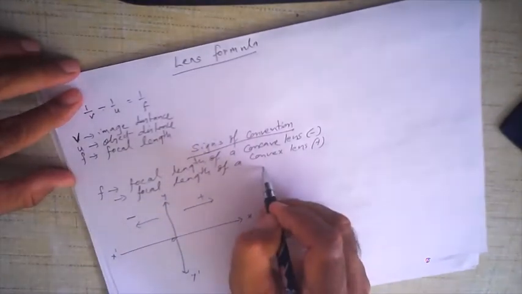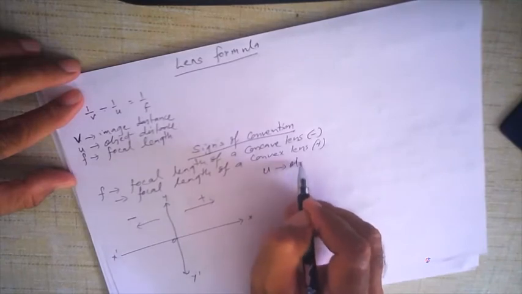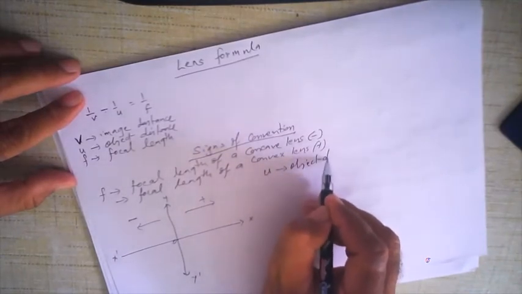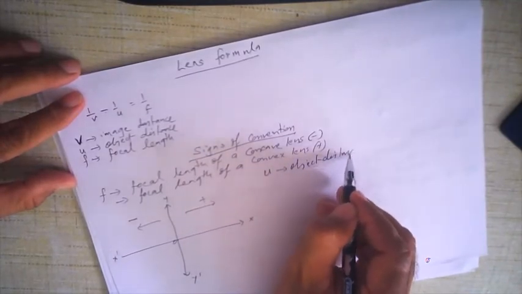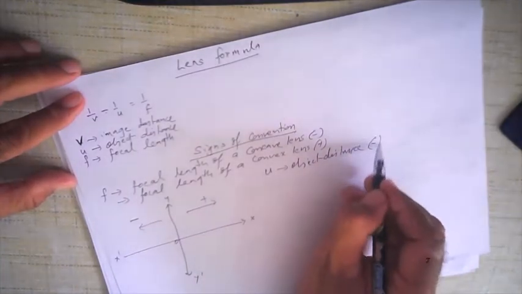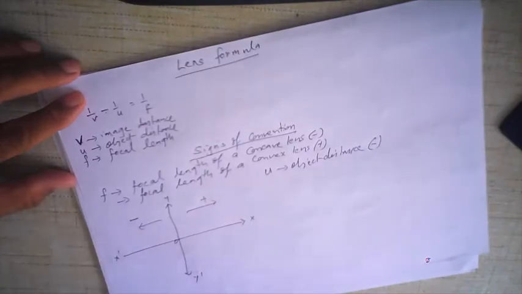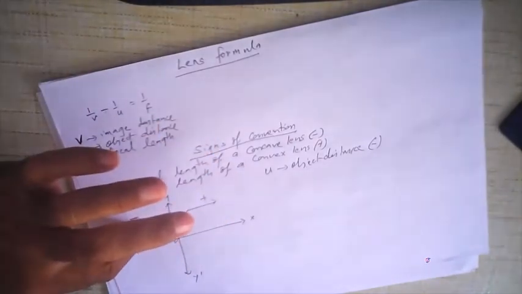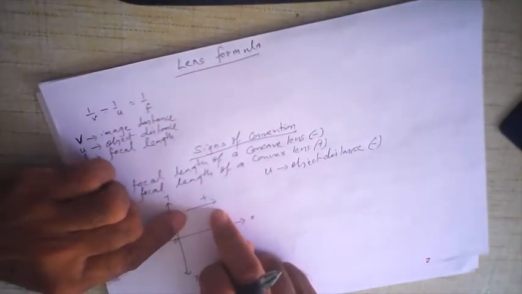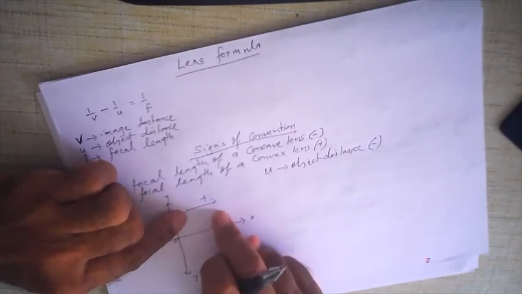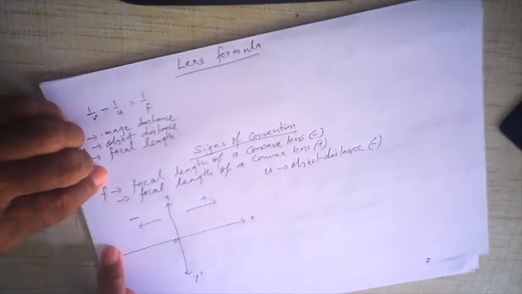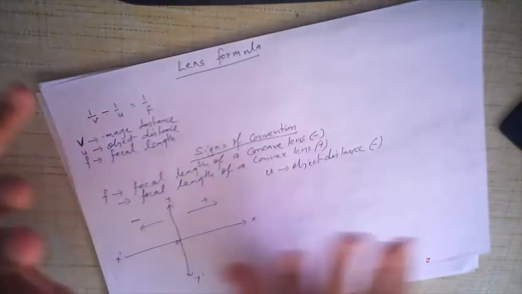So U, that is object distance, will always be negative, because the object is always on this side. The image may be formed on this side or on this side. If the image is formed on this side, it will be a positive image distance. If the image is formed on this side, it would be negative. Other than that, there are no differences.